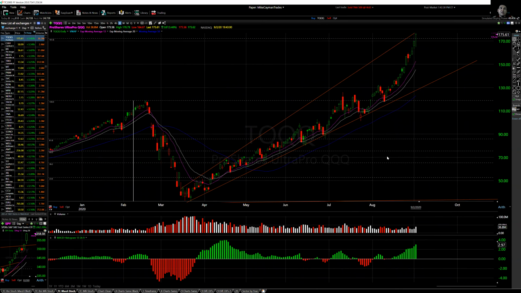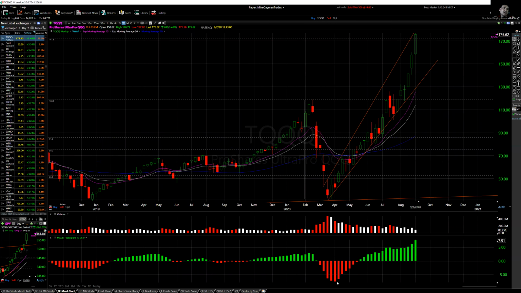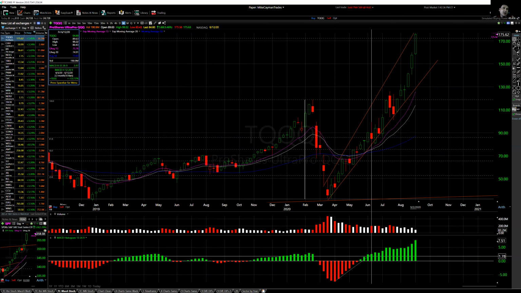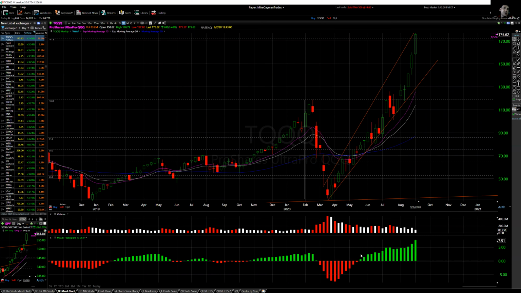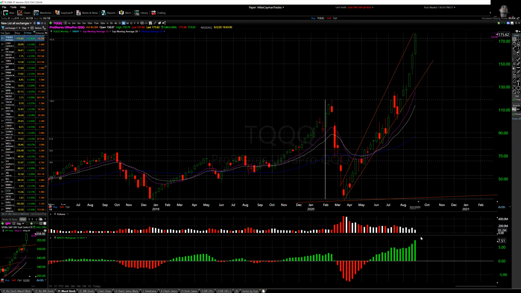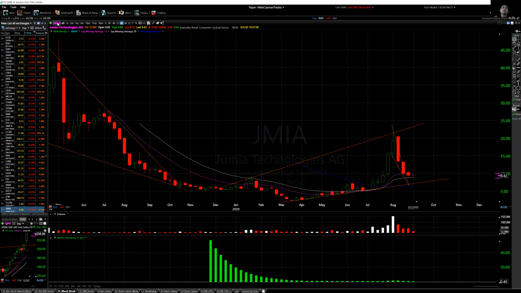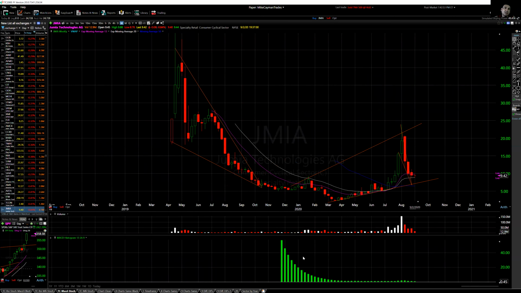So on the weekly on this, you can see here, look at this again. Red to green. And right there, once you see that green, and then you go here, you're taking off. And it was a long. You see on JMI, the weekly histogram on this, this is how much it's showing.